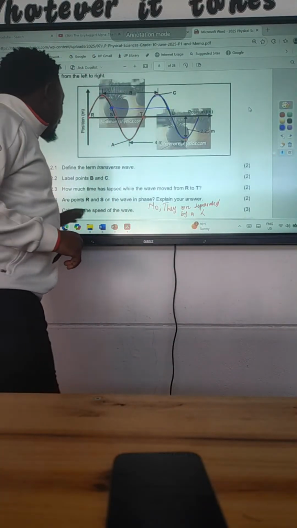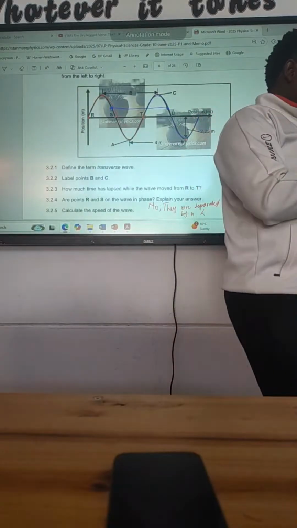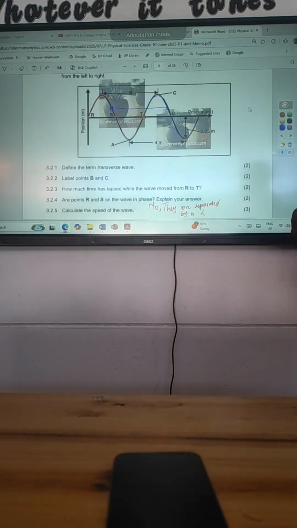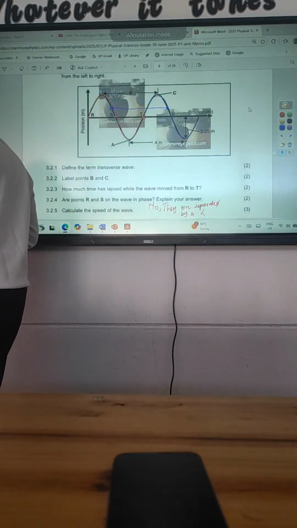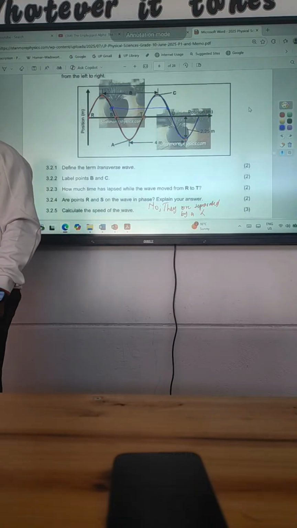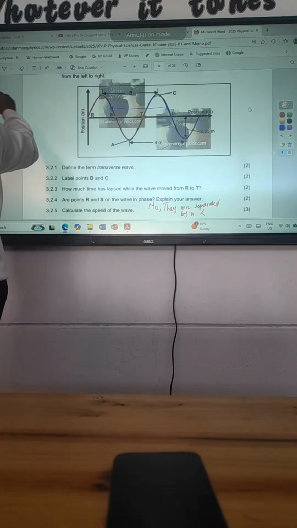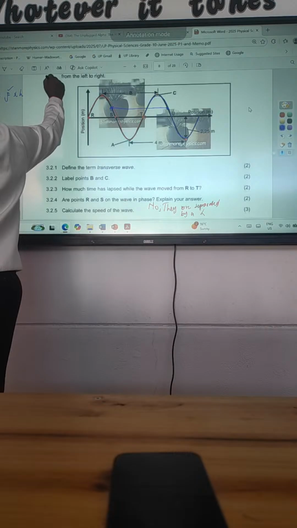Now let us jump into 3.2.5 very quickly. In 3.2.5, we want to calculate the speed of the wave. What is the formula for the speed of the wave? v equals f times lambda. Do we have f? Yes, f was 30 hertz.